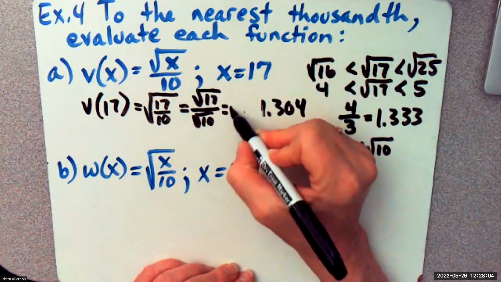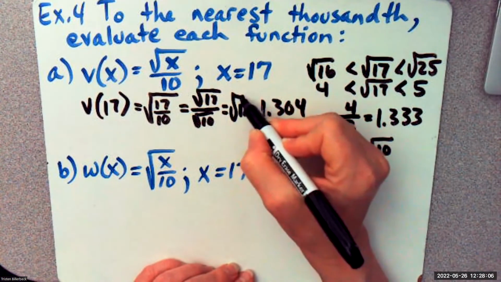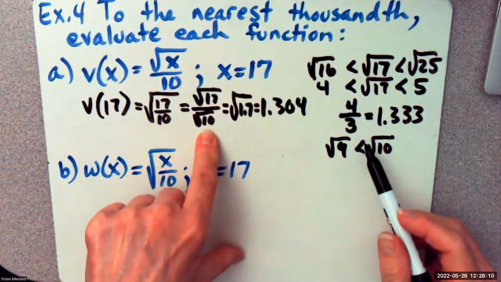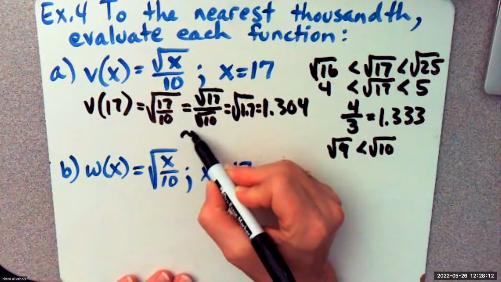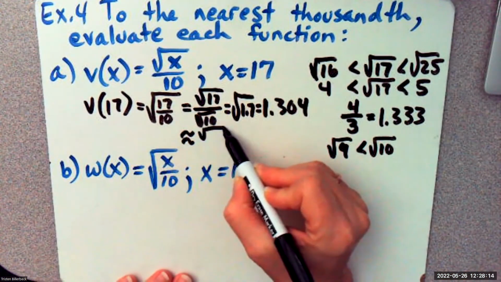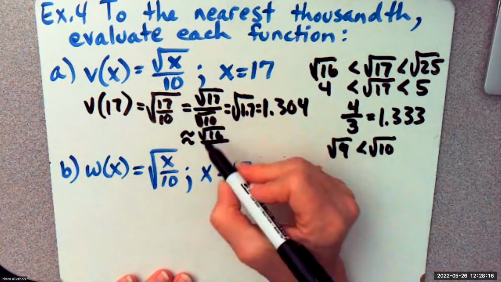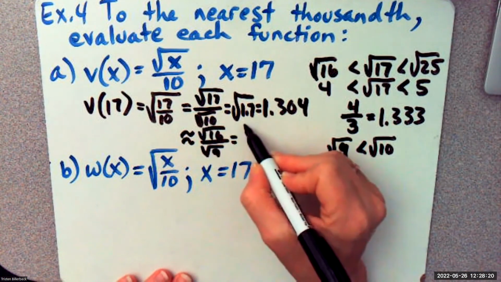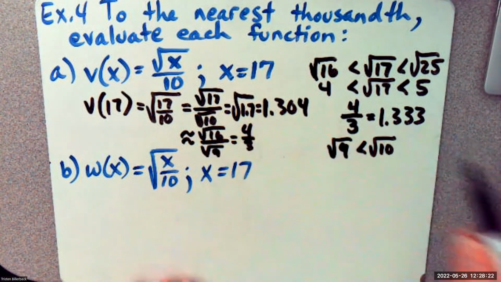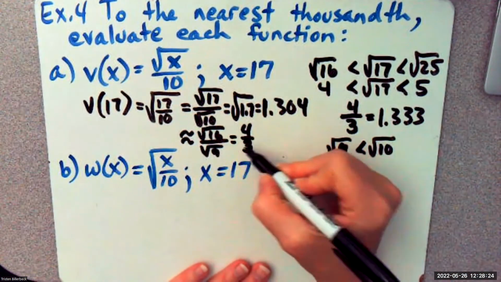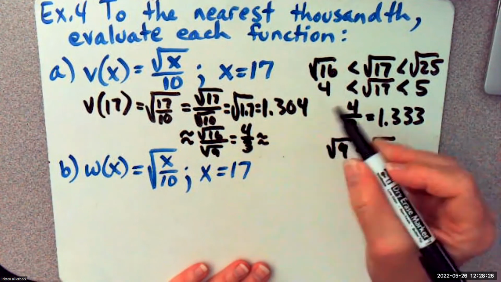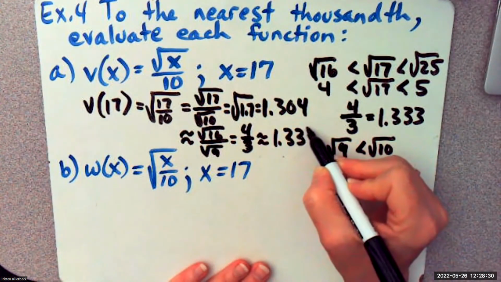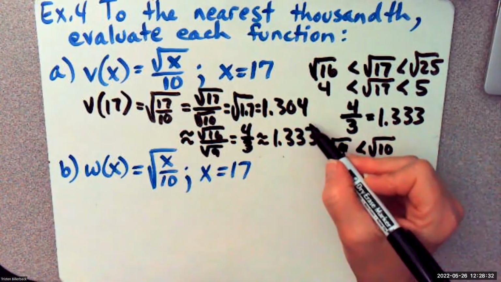That's the square root of 1.7, what I had before. If we approximate this by dropping it down to the square root of 16 over the square root of 9, we get 4/3, which approximates to 1.333, and it keeps going.